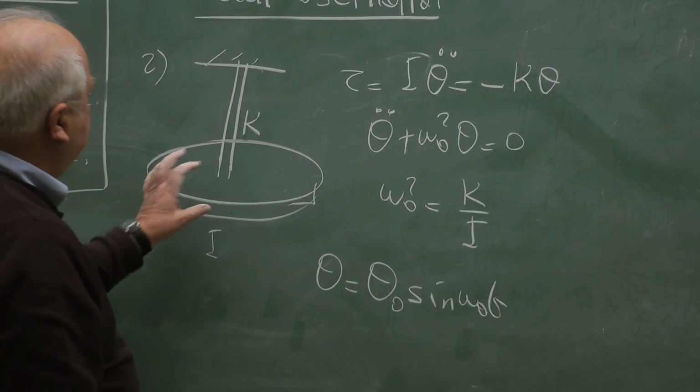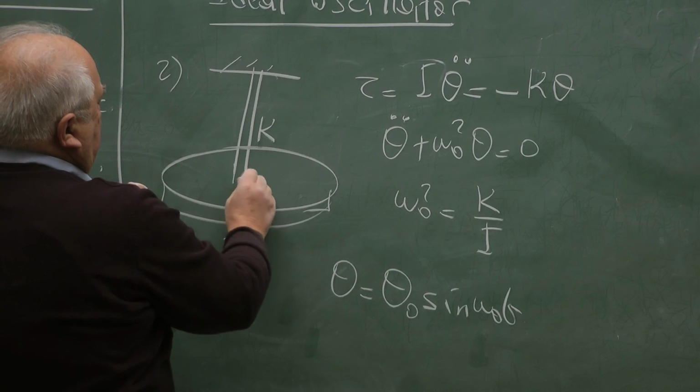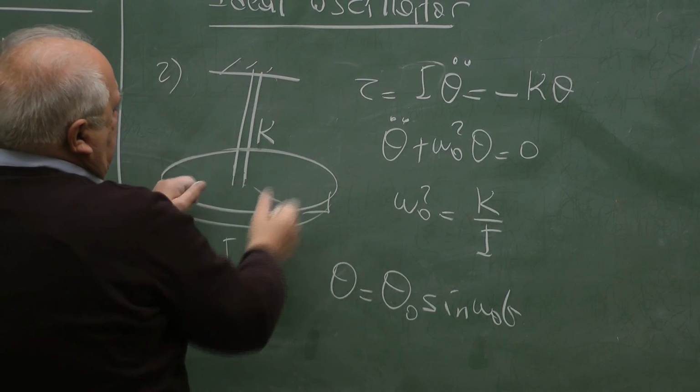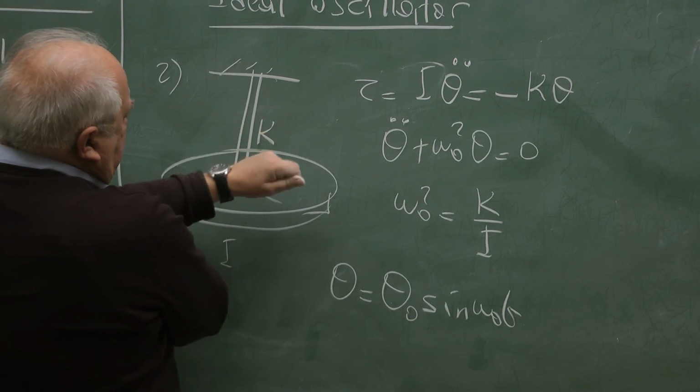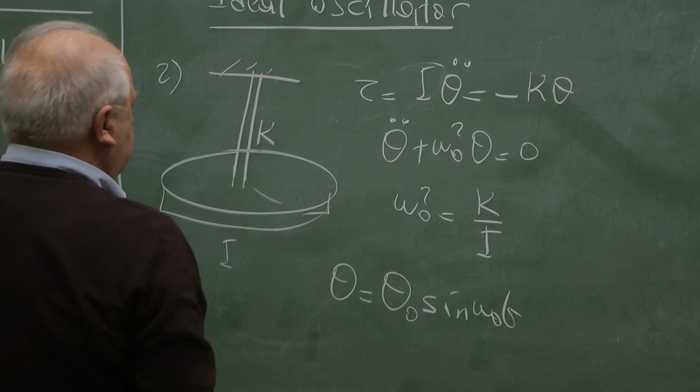Suppose it is set into motion and it is swinging by theta 0 to the right and theta 0 to the left. It is oscillating like this.